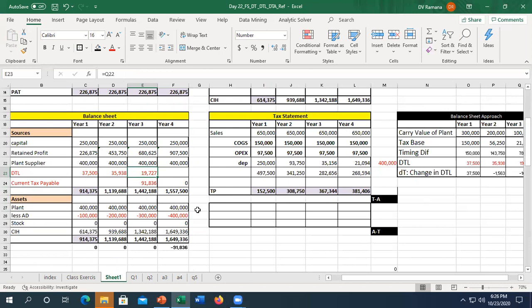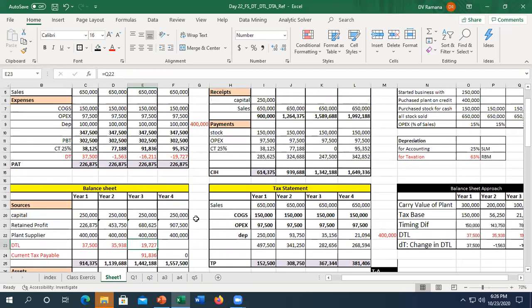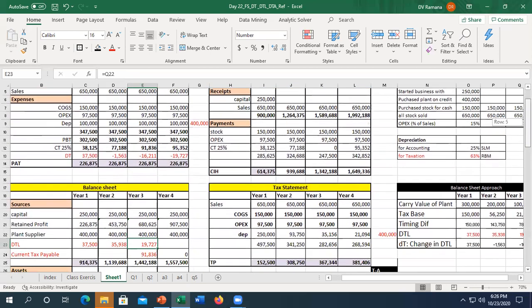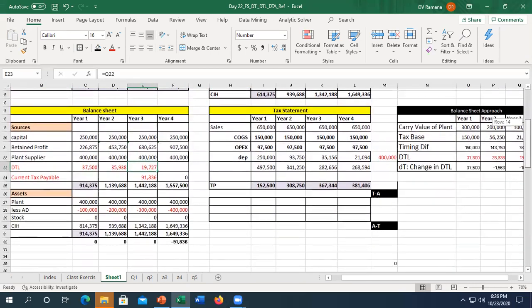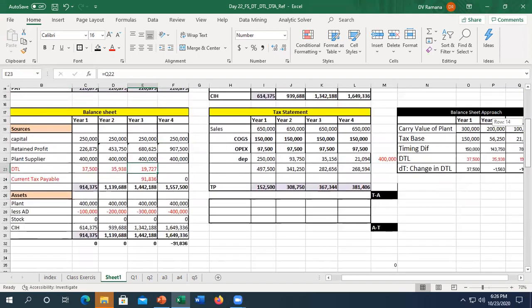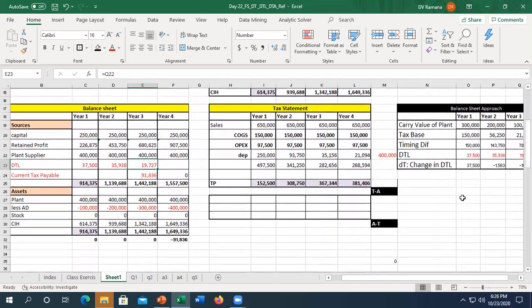So often a question comes to mind: is DTL a liability in a strict sense? Though the Companies Act, Schedule 3, says that the DTL should be shown on the balance sheet as a long-term liability in a separate line item, it is worth reflecting upon: is DTL the same as the current tax payable?